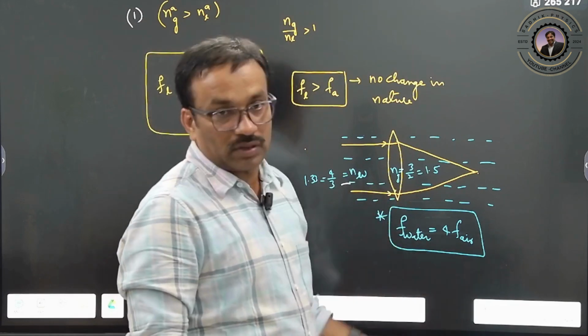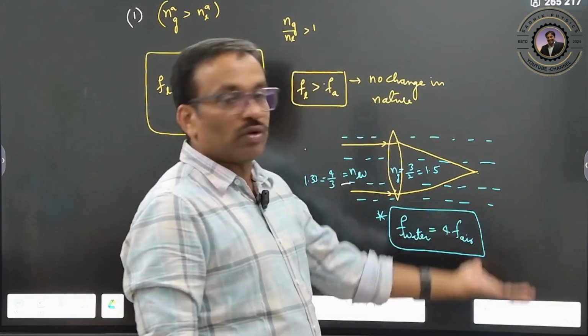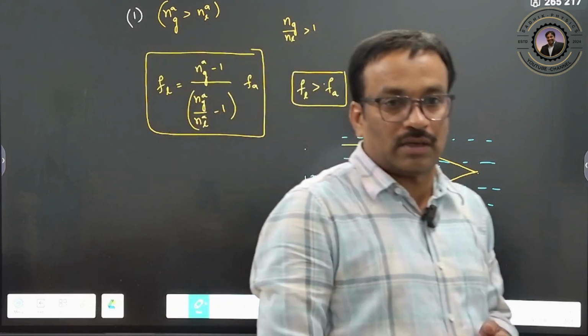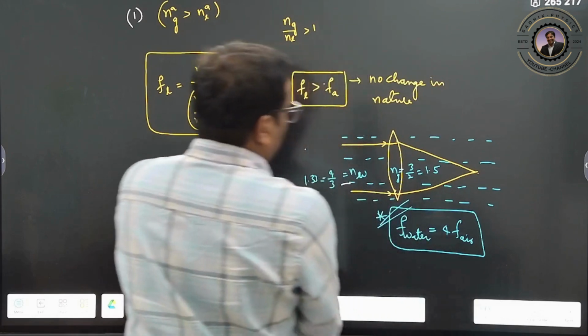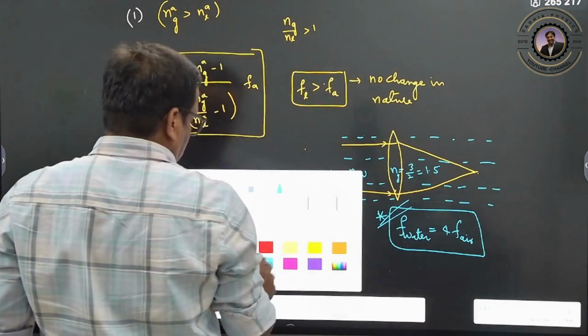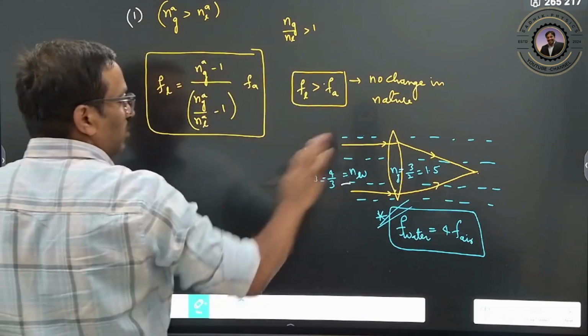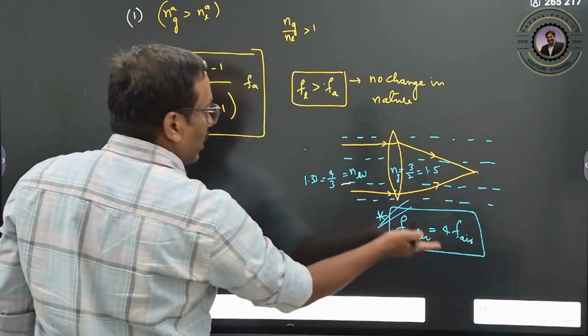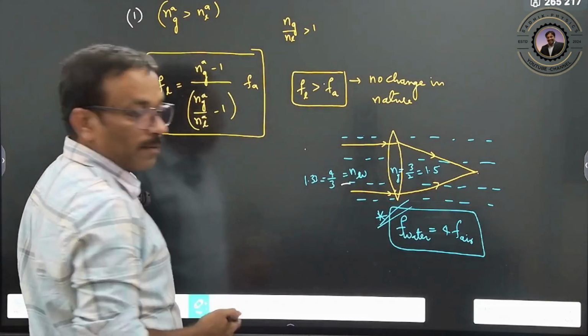Suppose a 20 focal length is there and it is immersed inside the water, so 20 into 4 is 80, that will be your answer, clear. So this is one shortcut, but applied with a lot of conditions. So keep in mind, no need to solve anything, just 4 times. How did I get it, sir? Substitute these values and you will get your answer, clear.